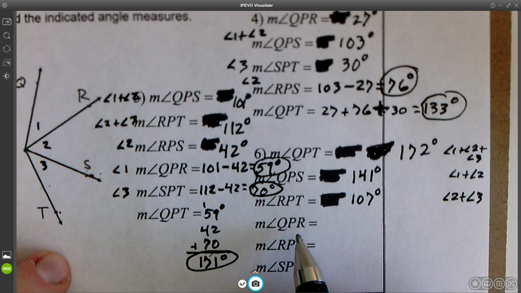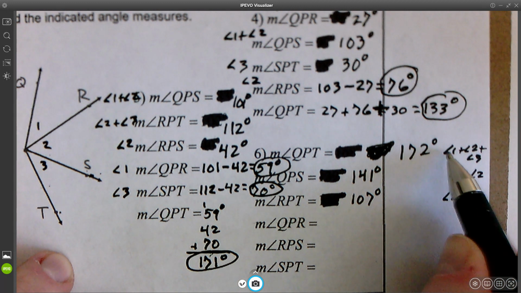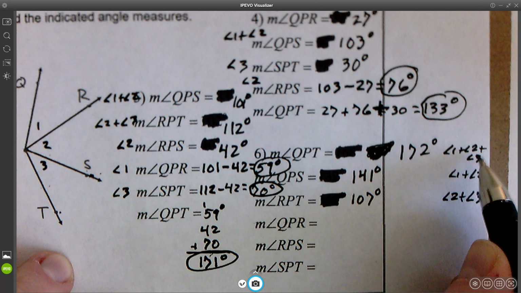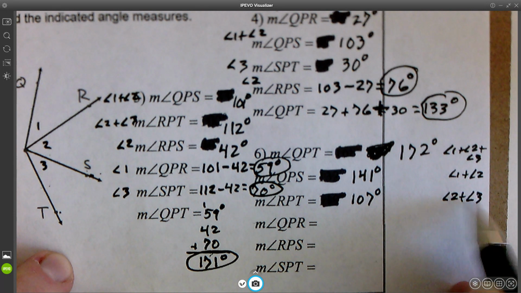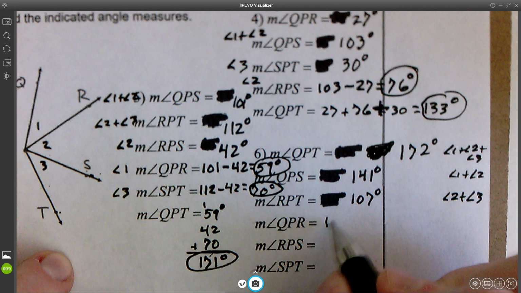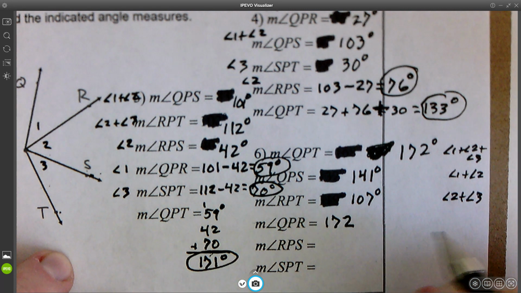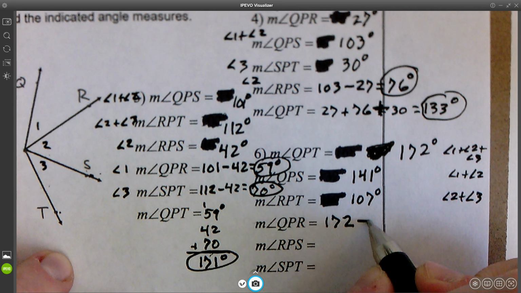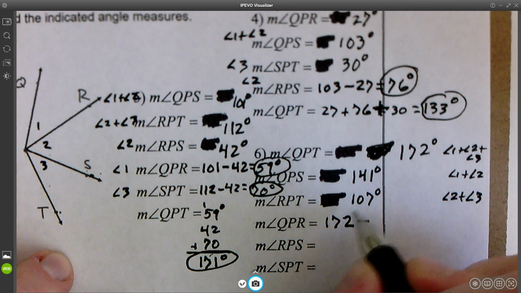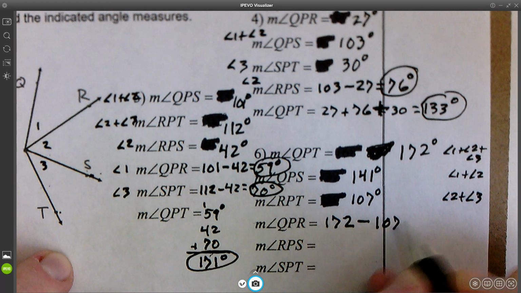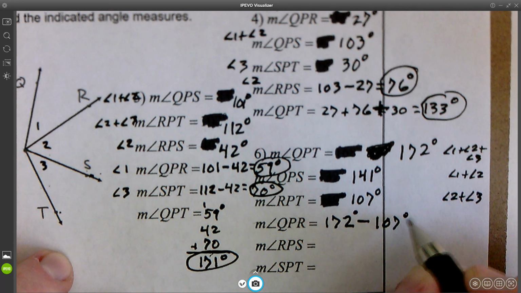Do we have the way to do that? Yes, because we know that the whole thing is 1 plus 2 plus 3, and 2 plus 3 is what we need to get rid of. So if we take the whole thing, 172 minus 2 plus 3, which is 107, that's going to give us 65 degrees.